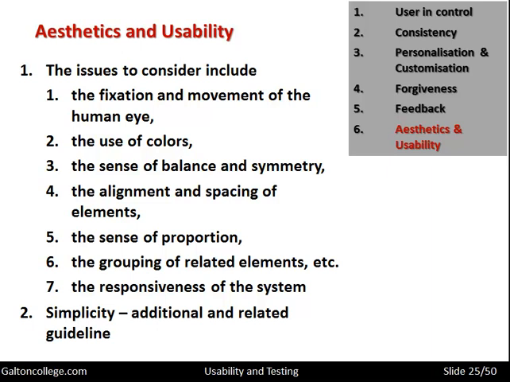And elements should be grouped according to what they do. If they're related, they should be grouped together. So if it is a site selling natural products, perhaps cosmetic products, soaps and deodorants and so on, they should be grouped together, not scattered around the page, but tastefully grouped together.